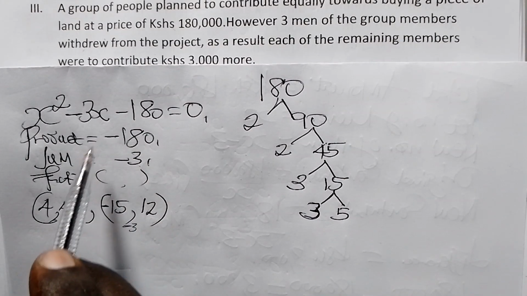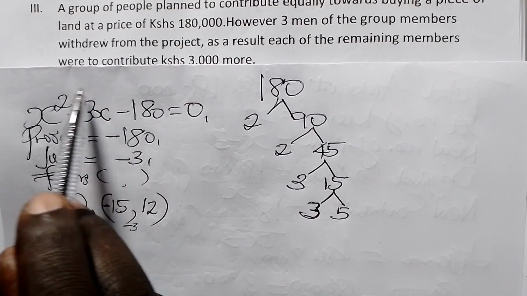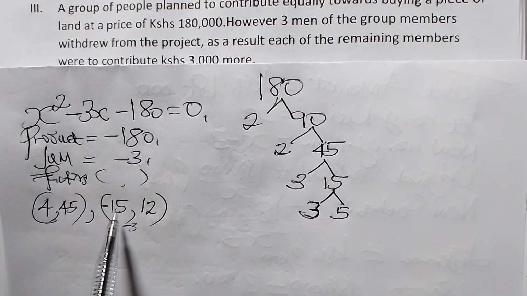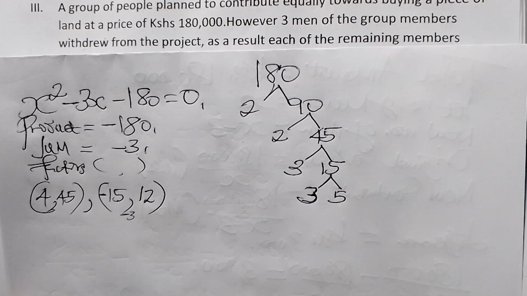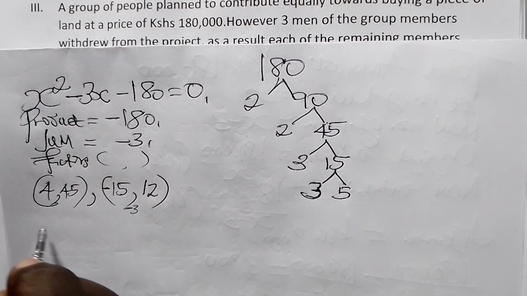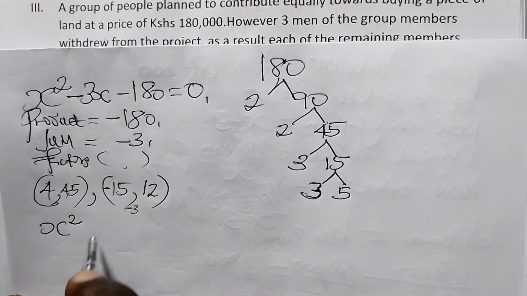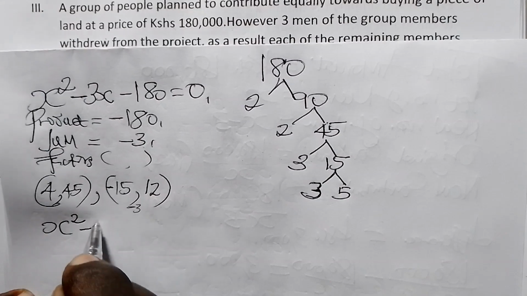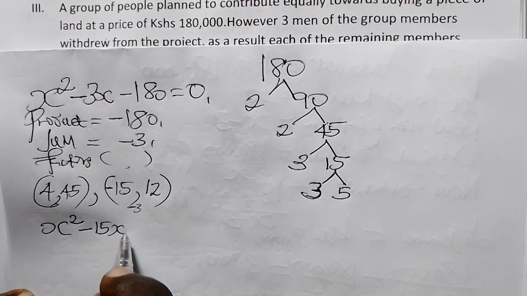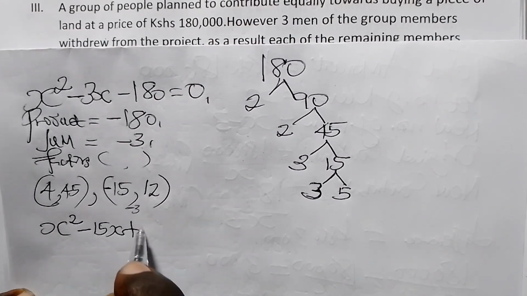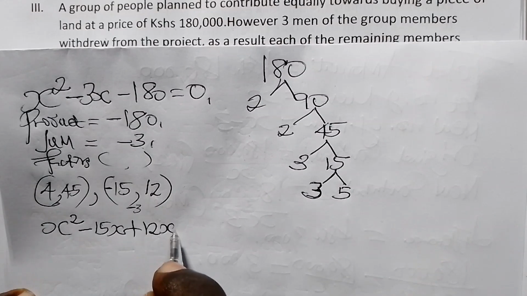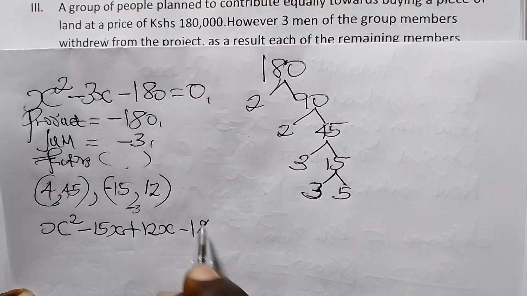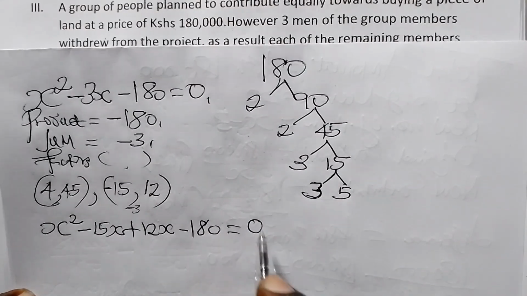So we rewrite the middle term using negative 15 and 12. So our equation now becomes x squared minus 15x plus 12x minus 180 is equal to 0.